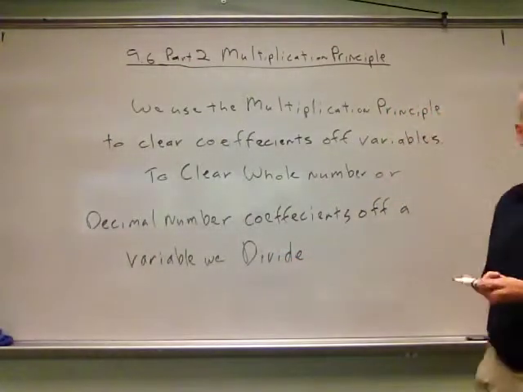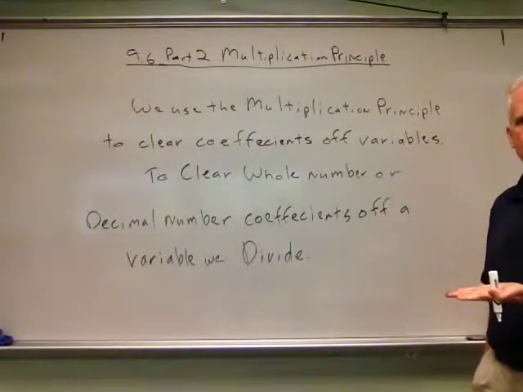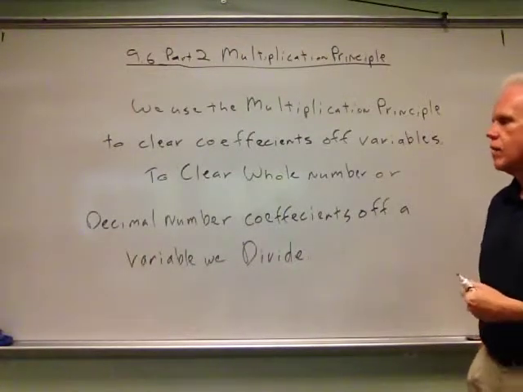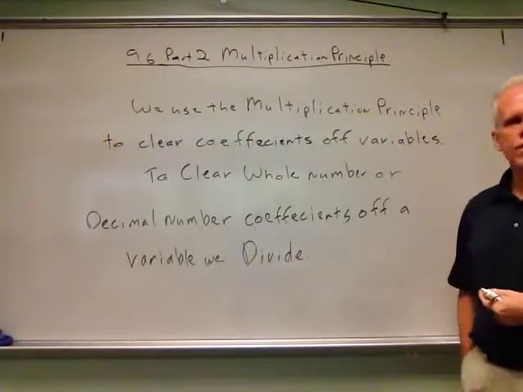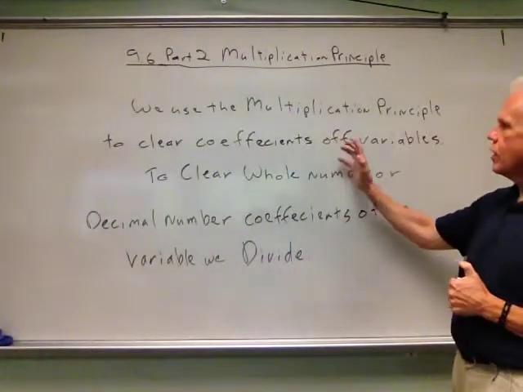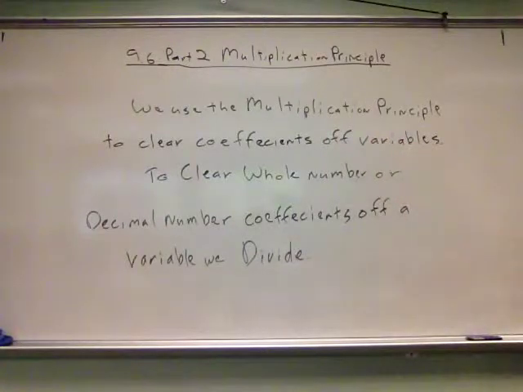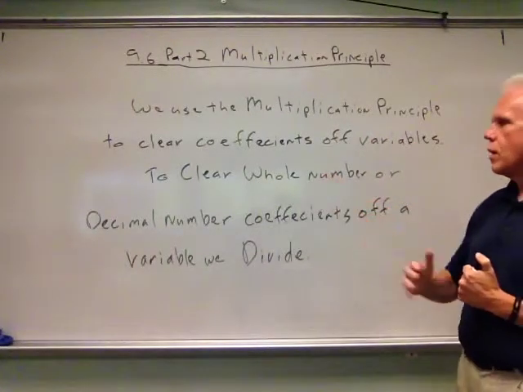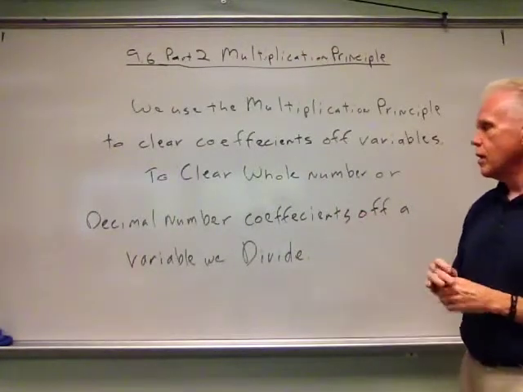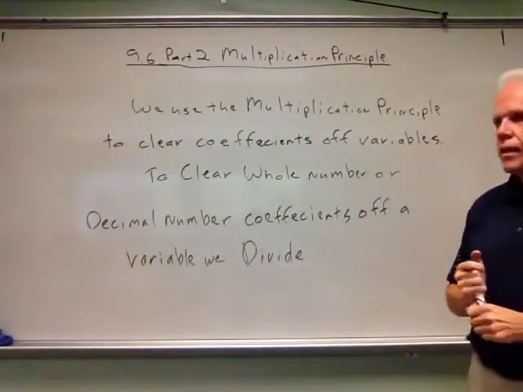And that's the example that we gave you. We had a whole number coefficient of 6. We divided it off the 6x. We divided on the other side, and it was cleared off, and it gave us an answer. So we're going to use that multiplication principle to clear coefficients off the variables. We're talking about a whole number coefficient or a decimal number coefficient. We're going to divide to get that coefficient off.